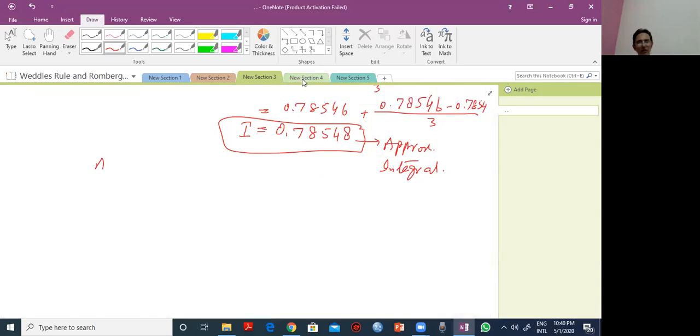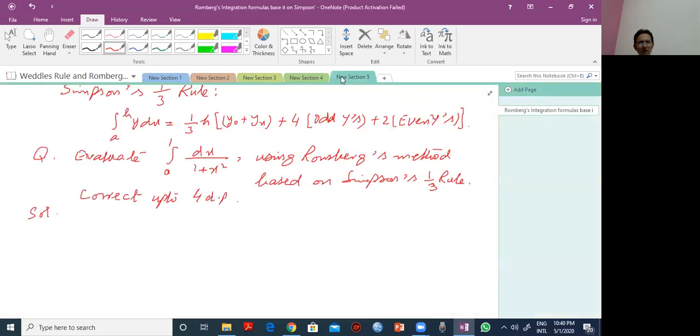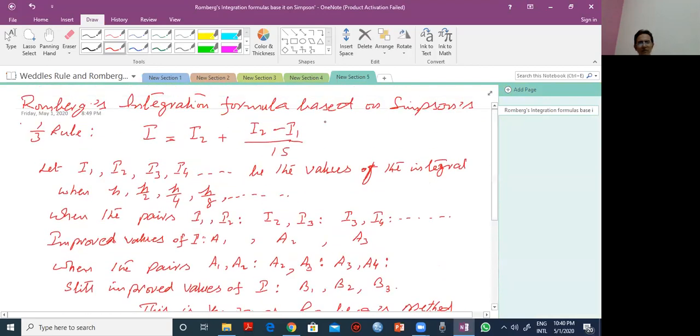Now, student, another application is about the Simpson 1/3 rule. Romberg's integration formula based on the Simpson 1/3 rule is I equals I2 plus I2 minus I1 over 15. When we apply the Simpson 1/3 rule, this formula is known as Romberg's integration formula.